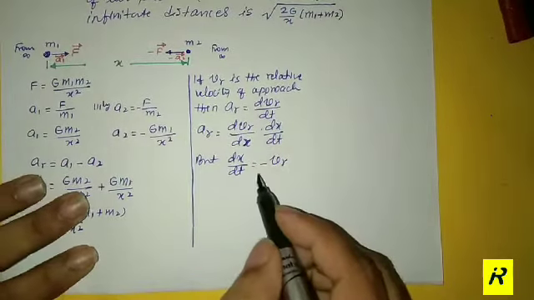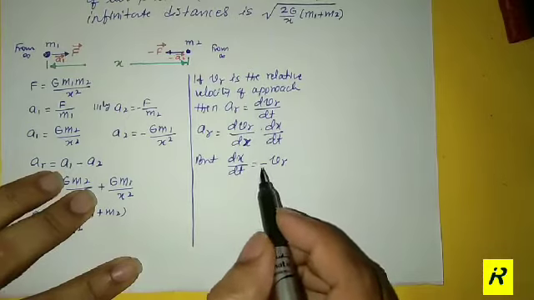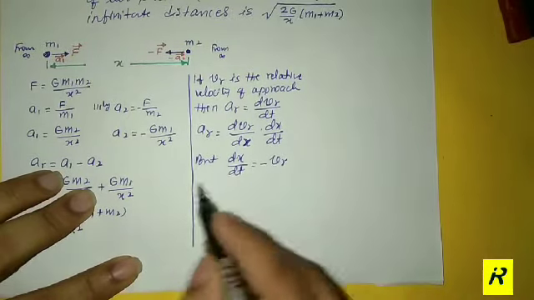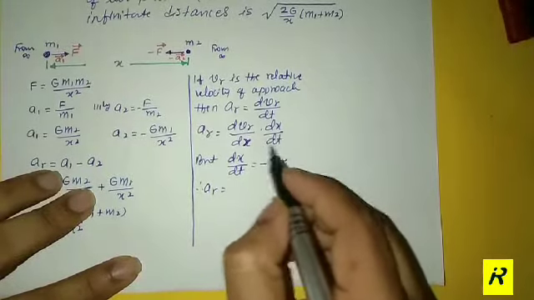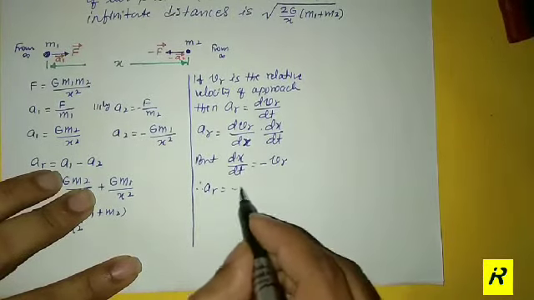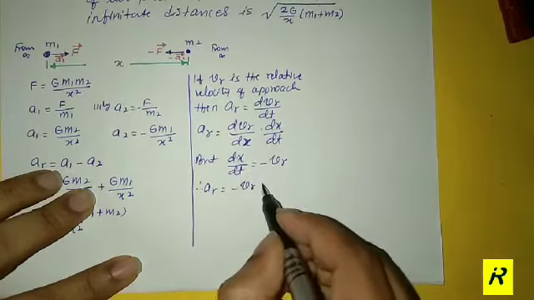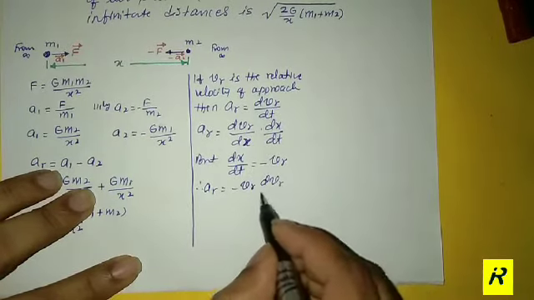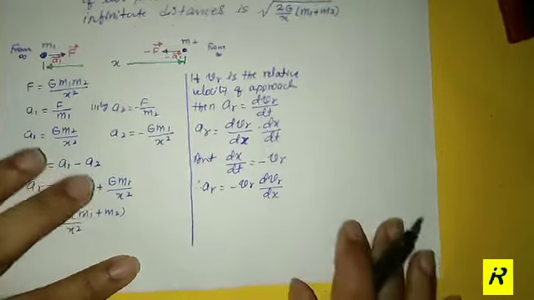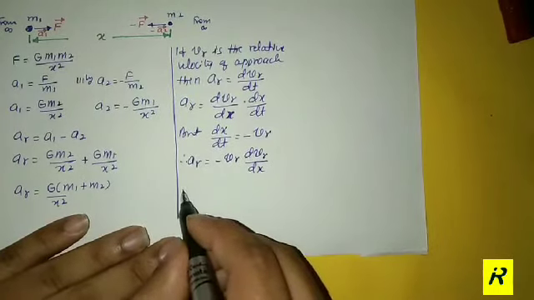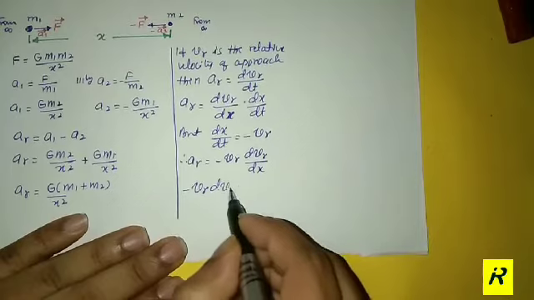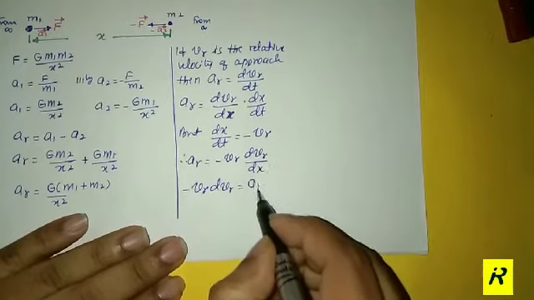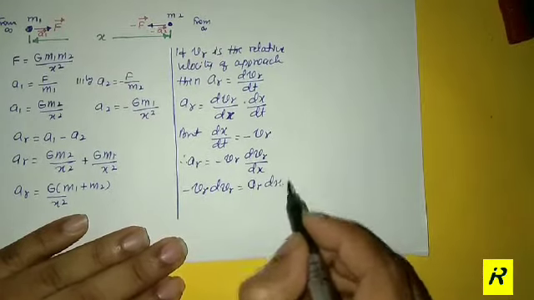So now I am doing further. I simply use this notation here. Therefore, ar is equal to, in place of dx by dt, minus Vr into dVr divided by dx. Make the cross multiplication. Now I got minus Vr dVr is equal to ar into dx.